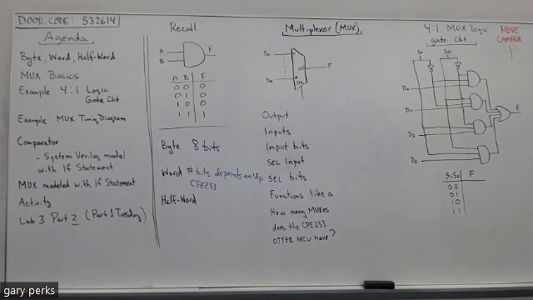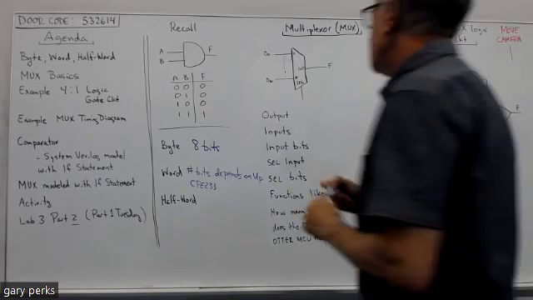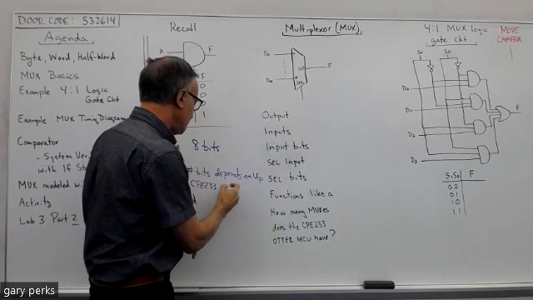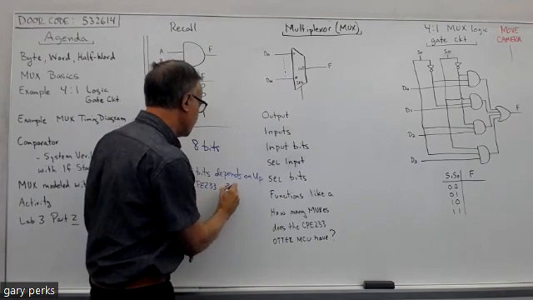Remember how last class we talked about that if you have multiple bits on an input or output, you put a slash with the number? Well, that's what it means. Everywhere you see a slash 32, there's 32 bits on that line. So the word for the microprocessor in CPE 233 is 32 bits.